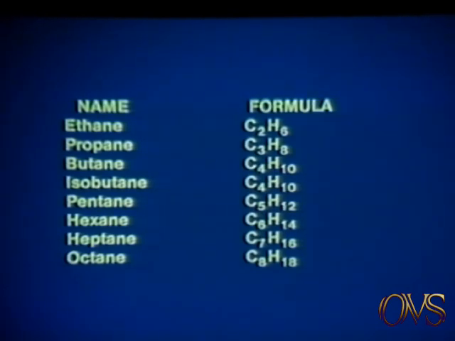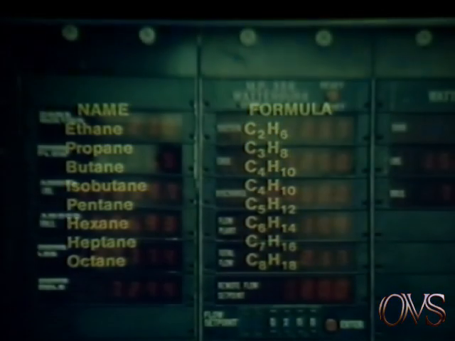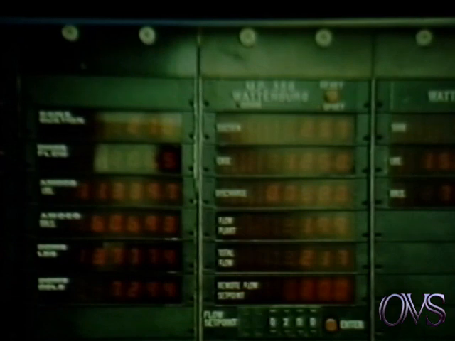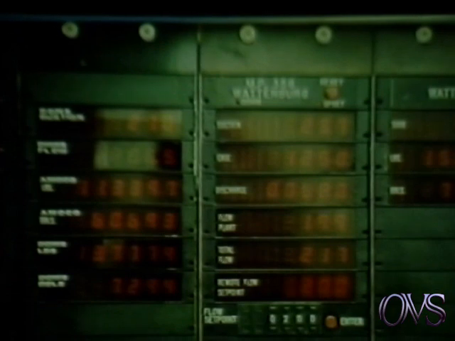The heavier components of NGLs, pentanes, hexanes, heptanes, and octanes, are classed as liquids, while ethane, propane, isobutane, and butane are gases. This mixture of hydrocarbons is pumped in our pipeline at pressures over 350 psig, at which all the components of the mix perform as liquids.